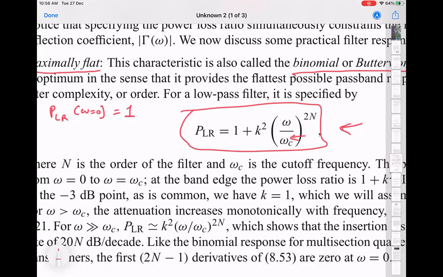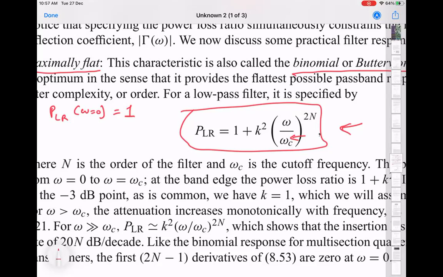And it's standard for most filters, or whenever we define bandwidth in microwave circuits, to use the half power point, which is also called the 3 dB point, because 3 dB in log units is a factor of 2 in linear units for the power, right? So at omega equal to omega c, this coefficient here is going to be 1.